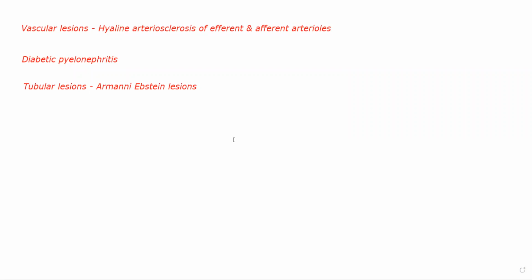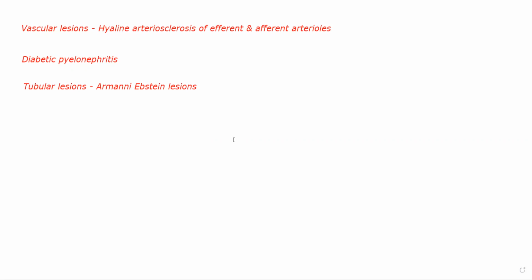This high blood sugar level, glucose essentially, will start getting accumulated, specifically in the epithelial cells of the PCT. In the epithelial cells of the proximal convoluted tubule, you will start seeing glycogen deposits. So a lot of glucose will come together and will start making glycogen. You will start seeing glycogen deposits in the PCT of a patient who is suffering from diabetic nephropathy, especially those who are not able to control their sugar levels.